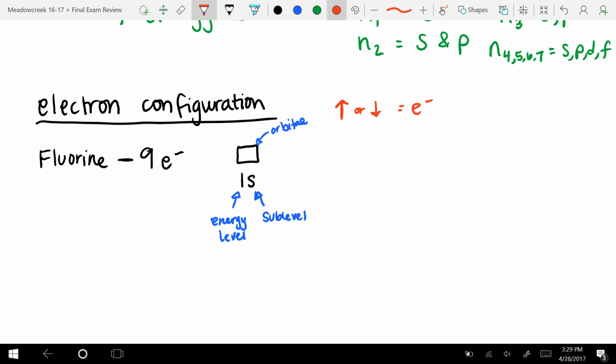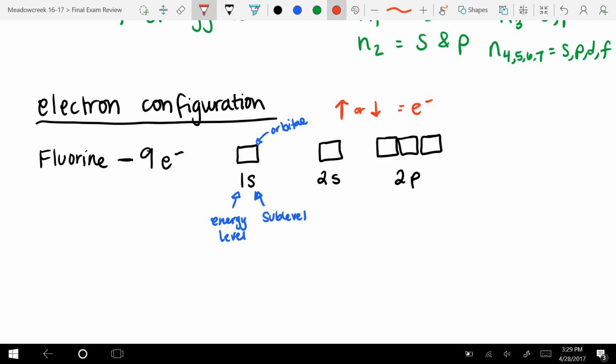They're going to be my electrons. Fluorine is going to have 2 rings, so it has 1s available to it, it has 2s, and then it has 2p. And remember, I'm drawing P with 3 boxes because it has 3 orbitals available to it.